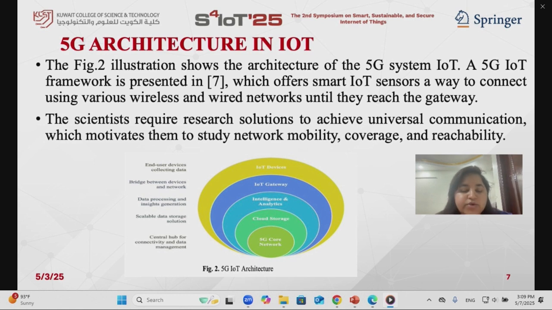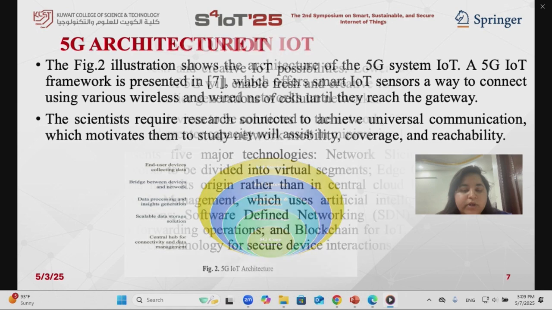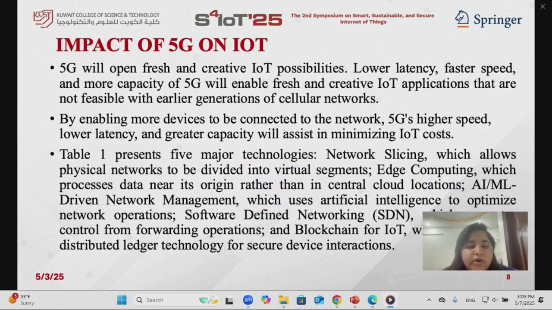The next slide shows the impact of 5G on IoT. We can say that 5G is the upgrade of 4G, and in the IoT there are so many possibilities with 5G, like lower latency, faster speed, and more capacity, which will enable fresh and creative IoT applications.